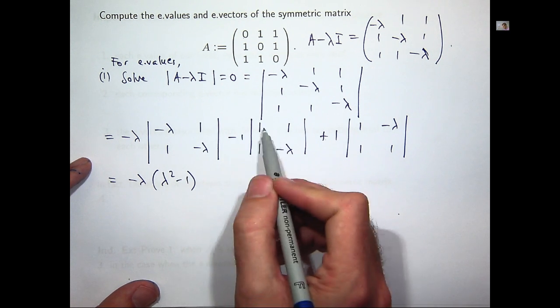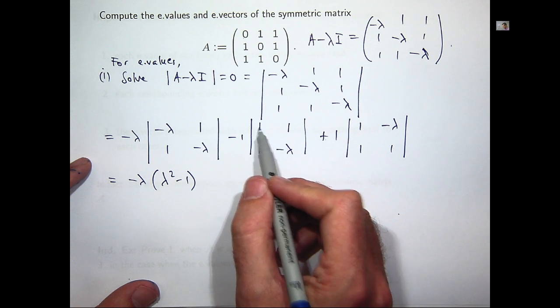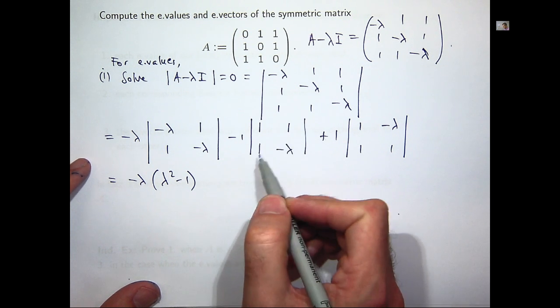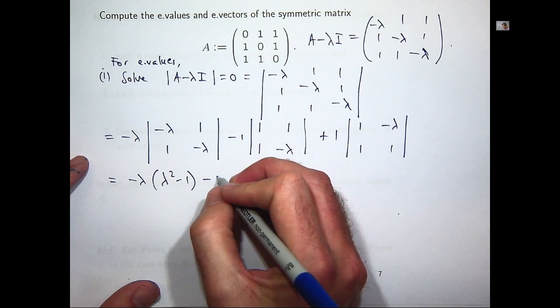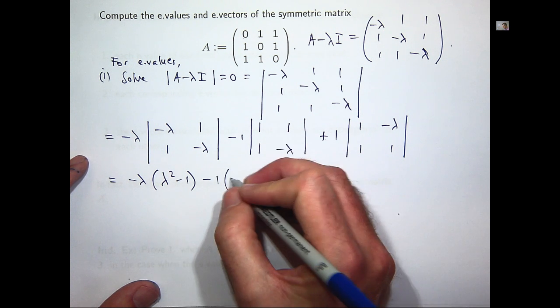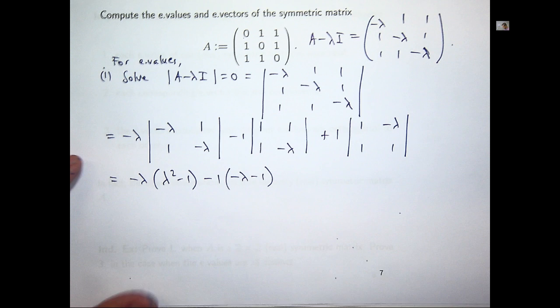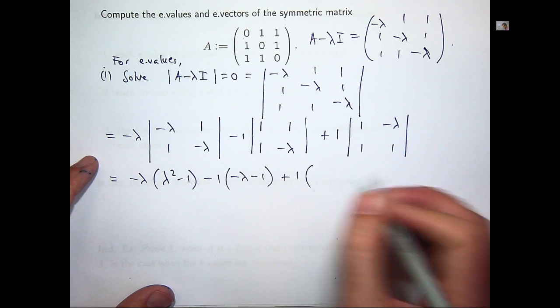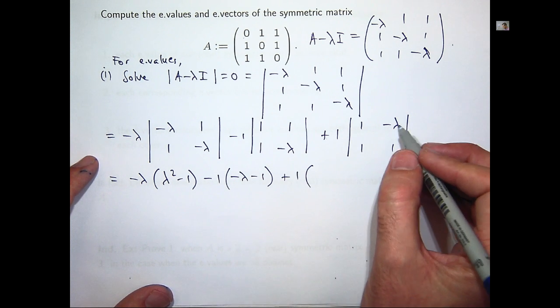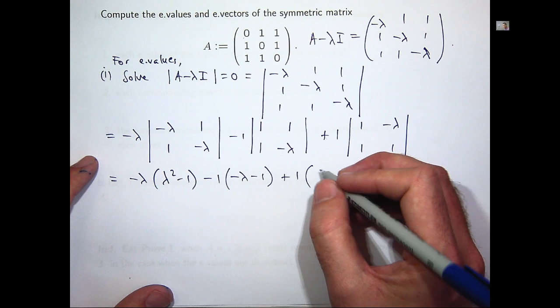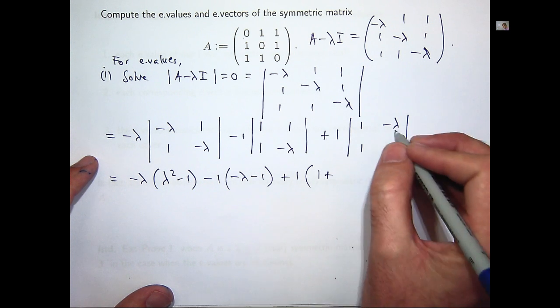Okay, minus 1 times minus lambda minus 1 times 1. So that's going to give me something like this. And the last one, 1 times 1 minus lambda times 1. So I'm going to get something like 1 plus lambda.